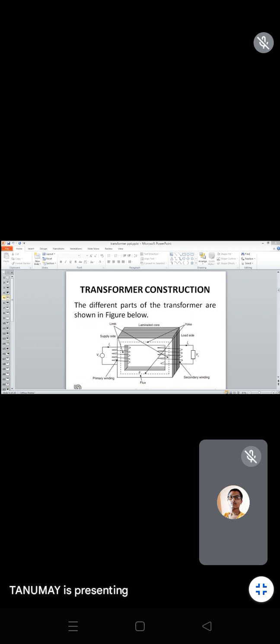Why? In case of transformer, if you connect this primary winding with DC supply, then there will be one constant magnetic flux.